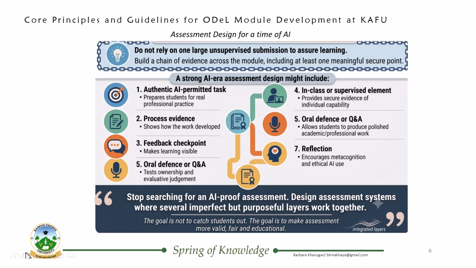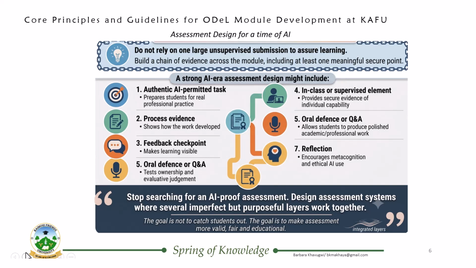Then also have feedback checkpoints during the assessment, have opportunities where you provide feedback, so that you're able to make learning visible. Remember, we have formative assessment, where we are assessing for learning, and assessment of learning, that is the summative assessment. So in the formative assessment, let us prioritize evidence based approaches.